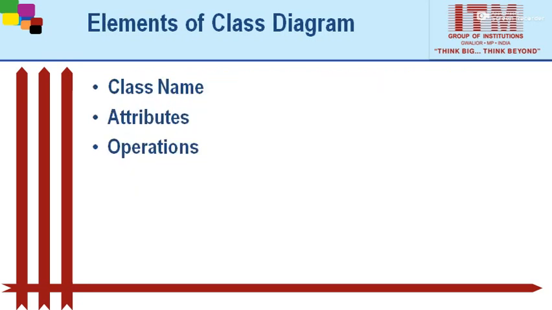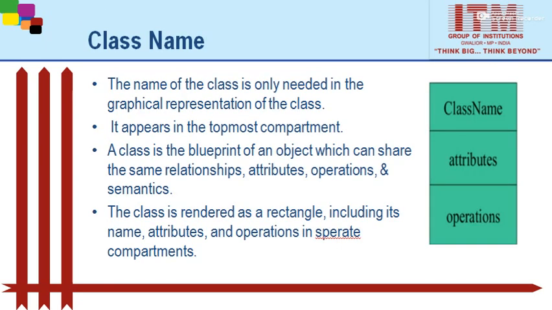Now, let us discuss the elements of class diagram, which is equally important. Till now we have seen that a class diagram is made up of three things: class name, attributes, and operations performed. So what do you mean by a class name?